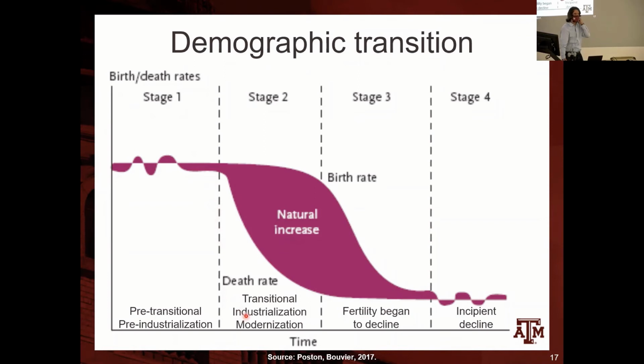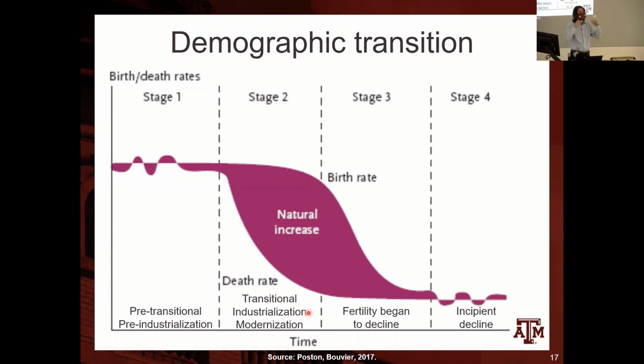When you start with modernization and this transitional society in which you have industrialization, so now we produce food, we produce resources in a much faster manner, we start to have better public infrastructure, basic health habits, that has a really fast influence on mortality.